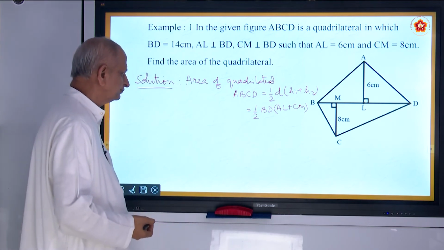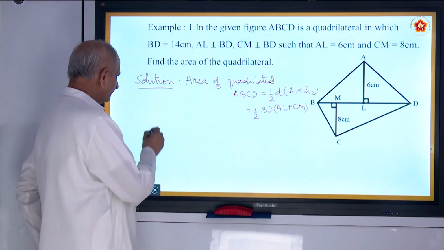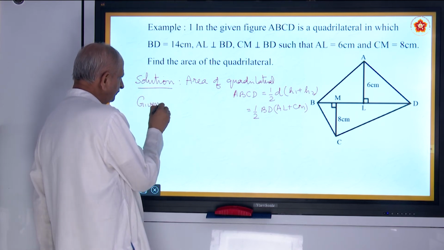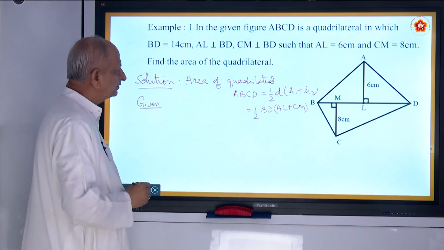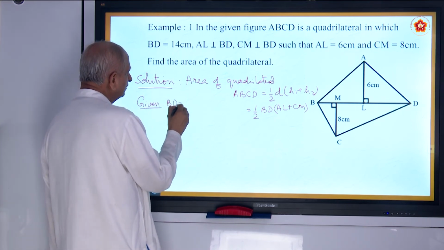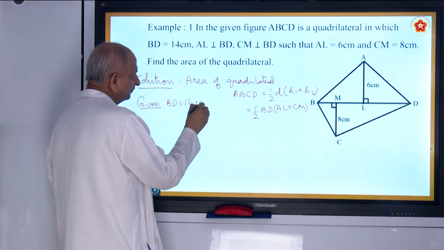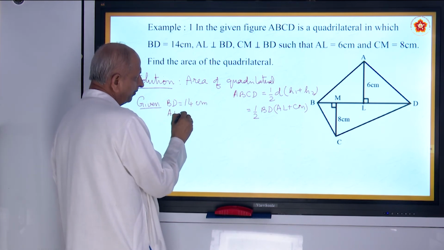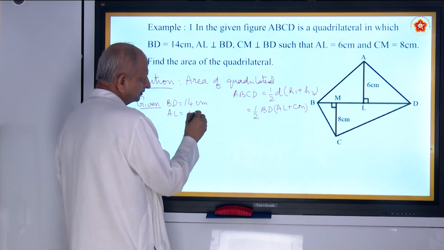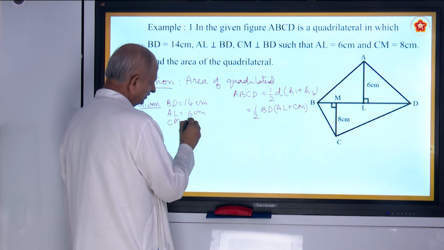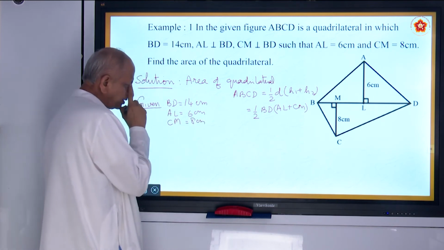Anyway, now what is given? You are given BD, how much? 14 centimeters. Then AL is given, how much? 6 centimeters. CM is given, how much? 8 centimeters.